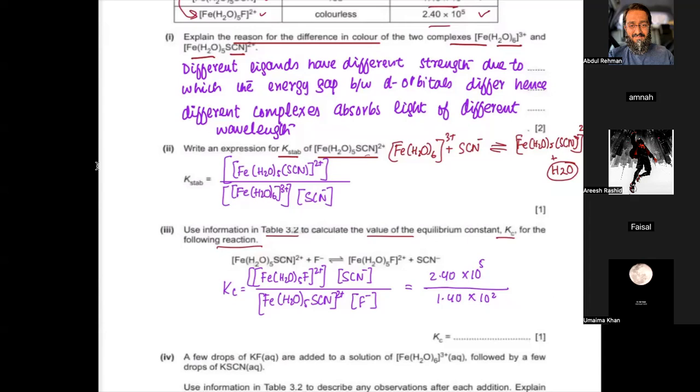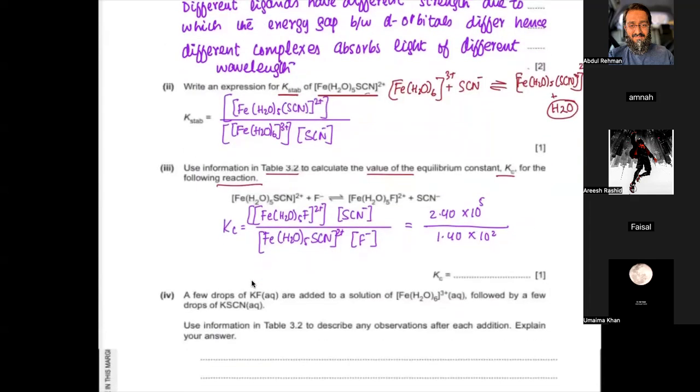It's not exponent. Okay, 1714.3. So the Kc is 1714.3. Okay. Now next part.